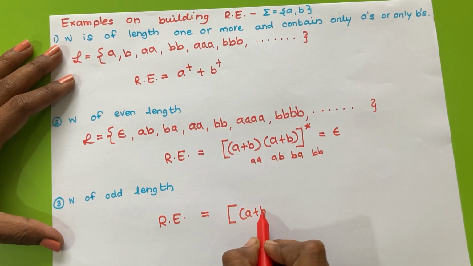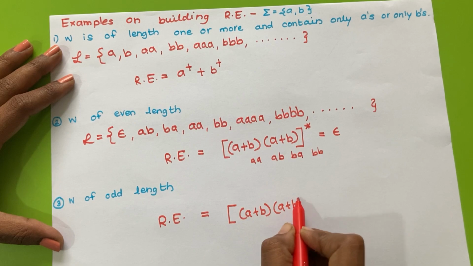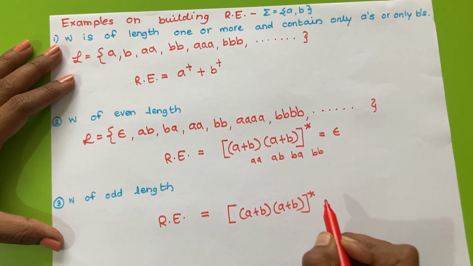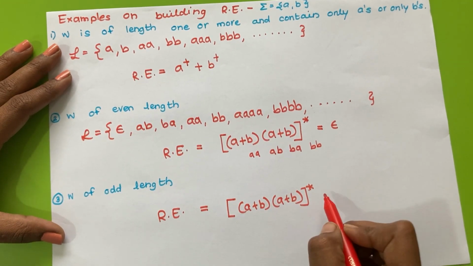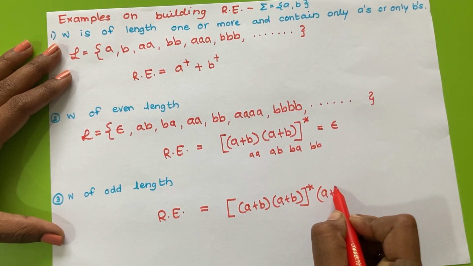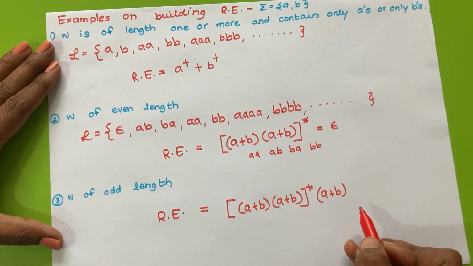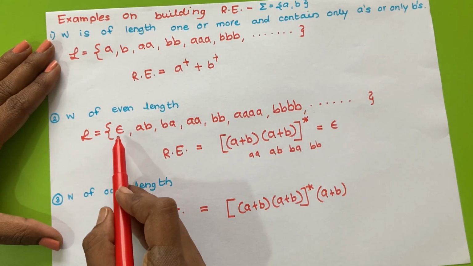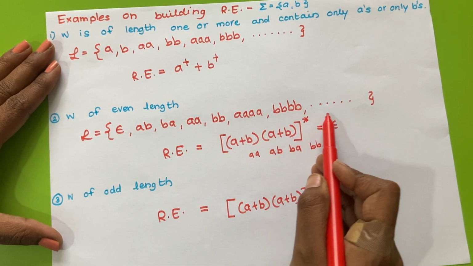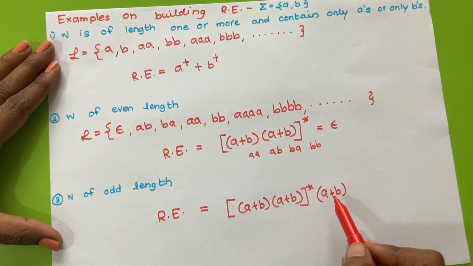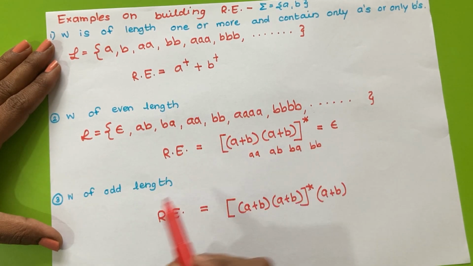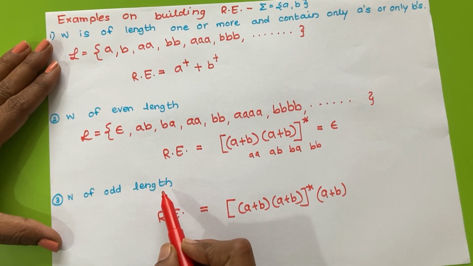If we append all these strings with either A or B, then that will generate the strings of odd length.